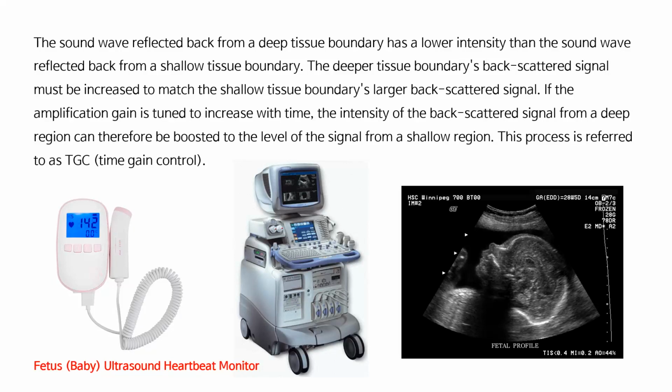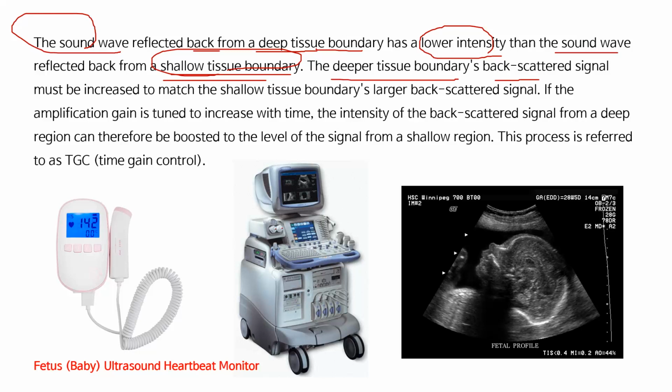The sound wave reflected back from a deep tissue boundary has lower intensity than the sound wave reflected back from the shallow tissue boundary. That's obvious. The deep tissue boundary's backscattered signal must be increased to match the shallow tissue boundary's larger backscattered signal.